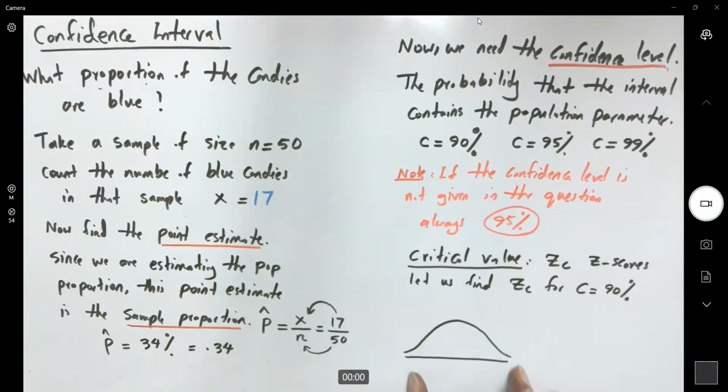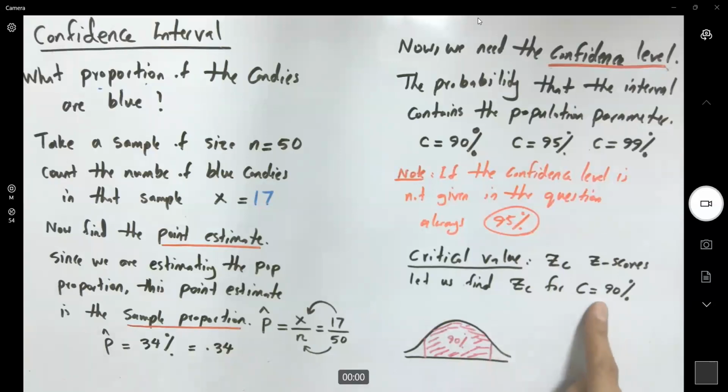We have a normal distribution, and we use Z to convert that into the standard normal distribution. This is C, 90%, which is 90% of the area below the graph. Well, 90% of the area is just right here, am I right?